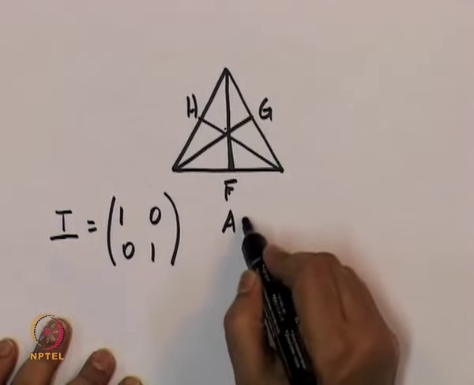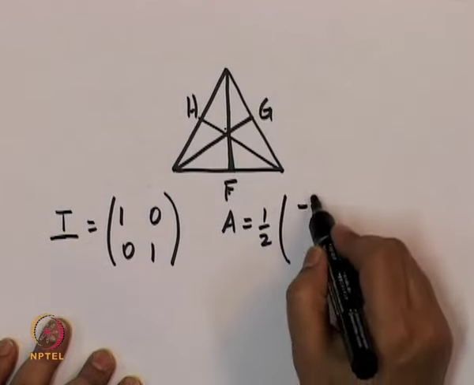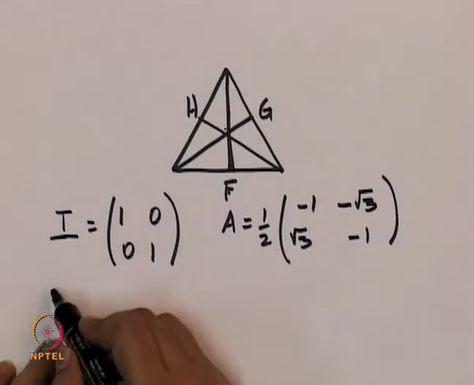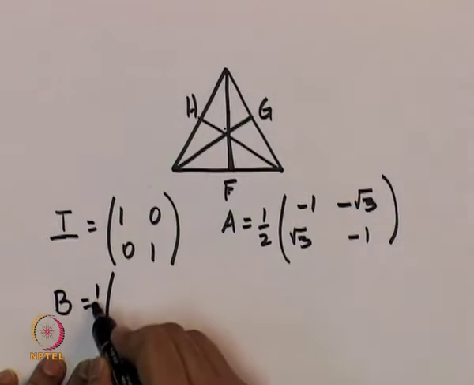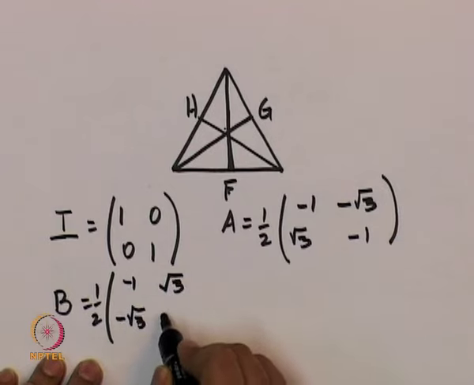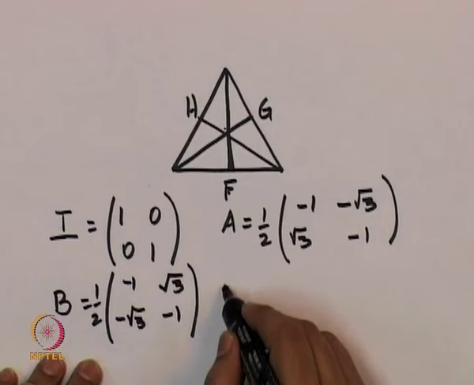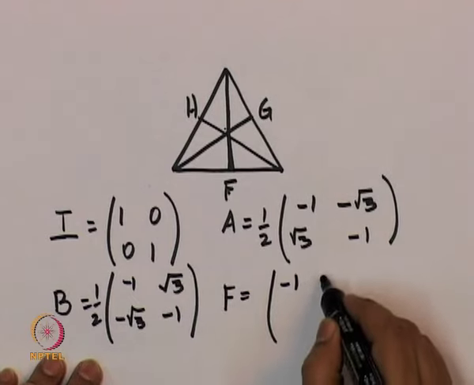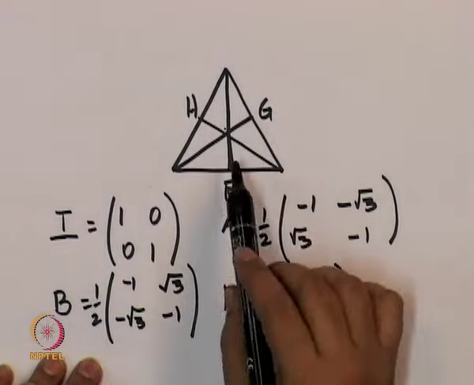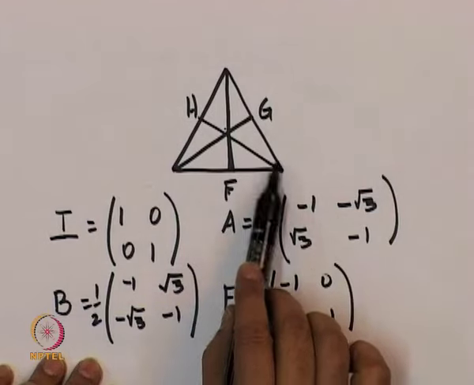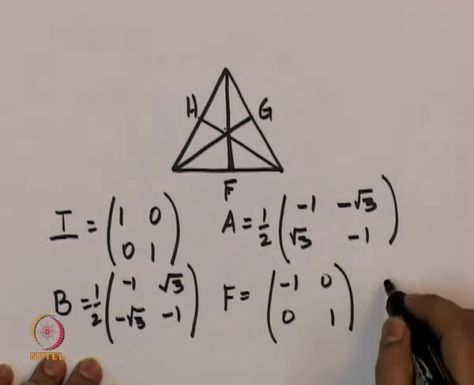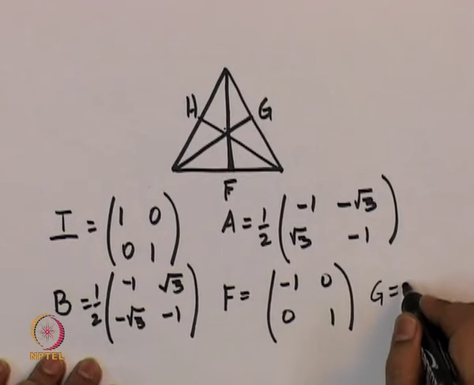The second one is A, which is 120 degree rotation, which is given by, and the third one is B, 240 degree rotation, and this is given by, and then the reflection operation F is defined by, okay. Because the reflection operation F takes the x point to minus x, but it leaves y unchanged. That is what this operator is. And the other two reflections G and H are similarly defined.